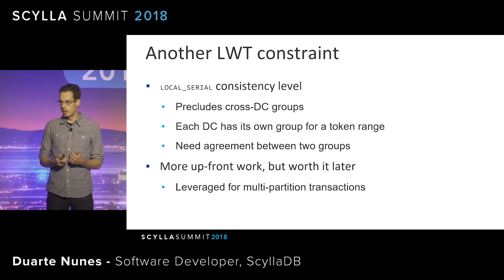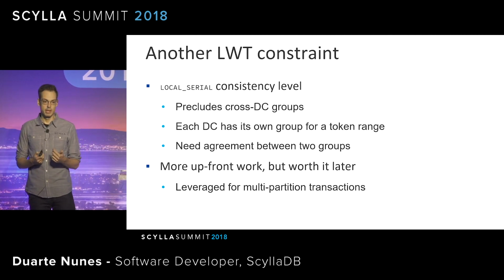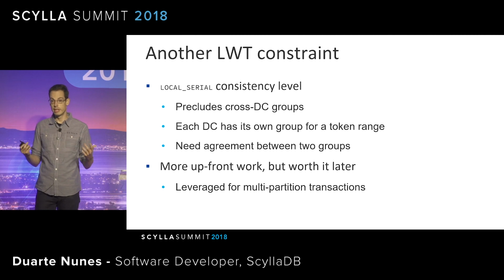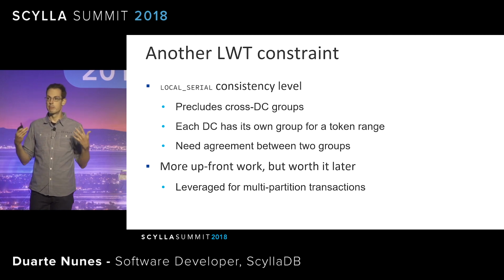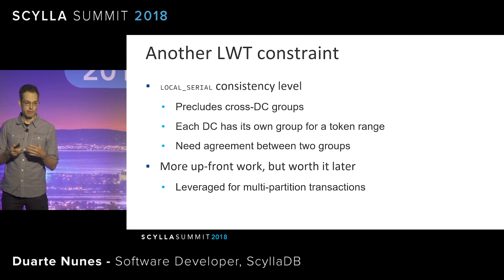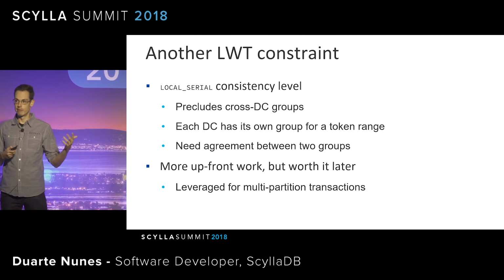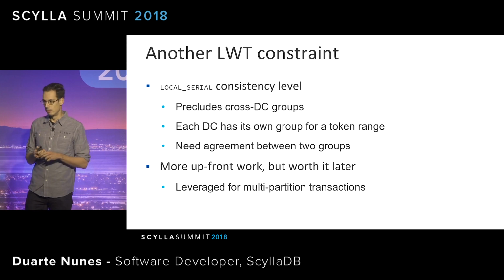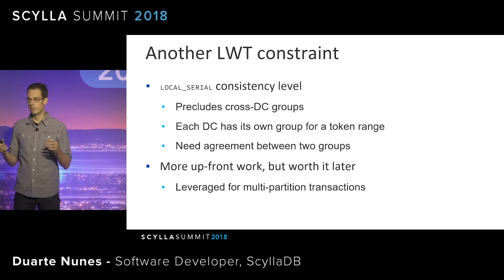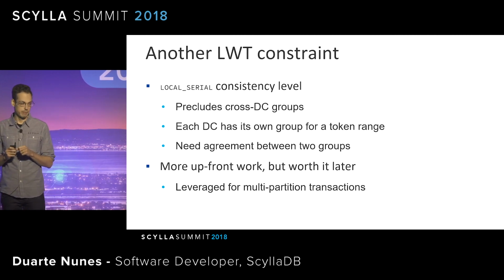This means, in our case, that a Raft group cannot span multiple data centers. So we must have a Raft group per partition range per data center. So we are left with the converse problem. Now, if the user wants to use the serial consistency level and wants an LWT operation to apply across data centers, we must somehow coordinate between Raft groups for the same token range.